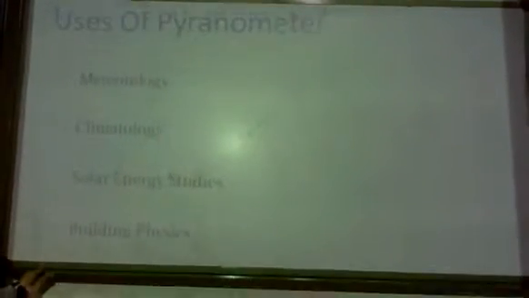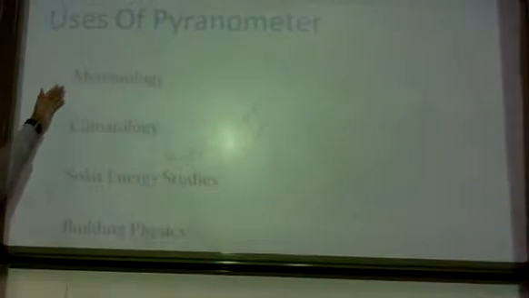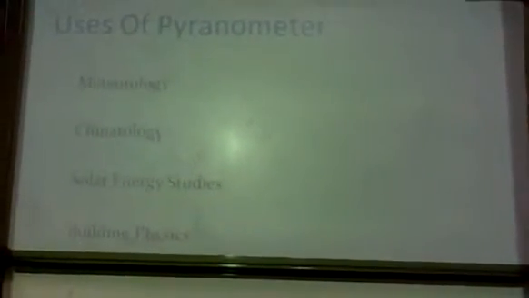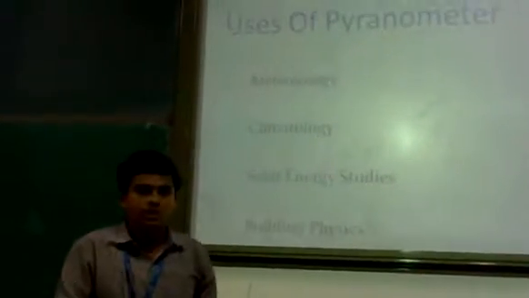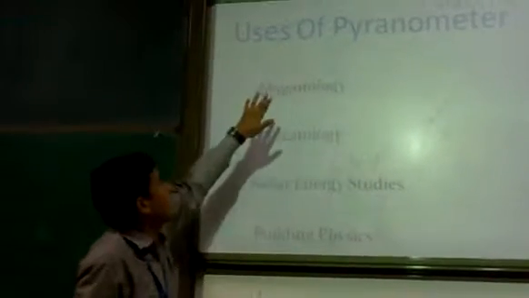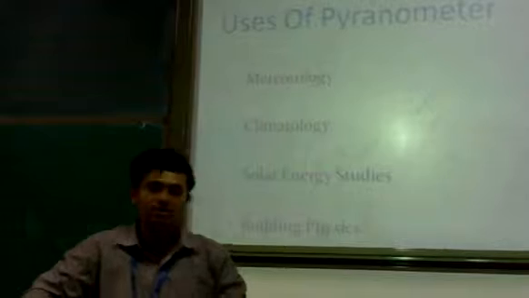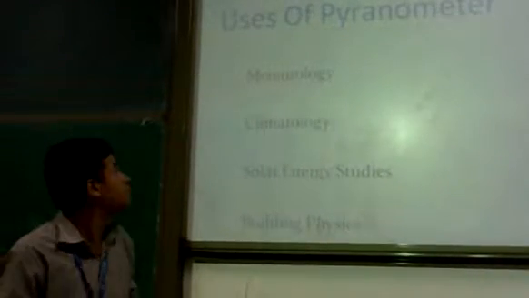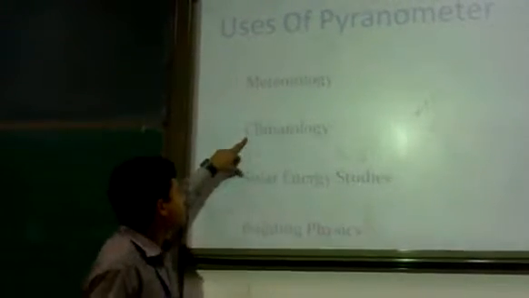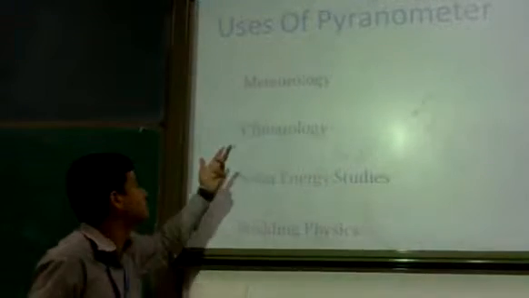This is the usage of the pyranometer. First is in metrology. Metrology is the science of measurement. In this field, the pyranometer is used to get the different temperatures or heat flux generated by that material. Then in climatography, in climate changes.